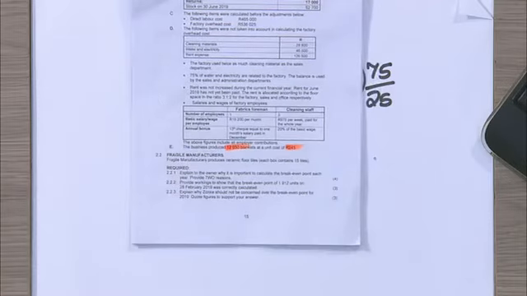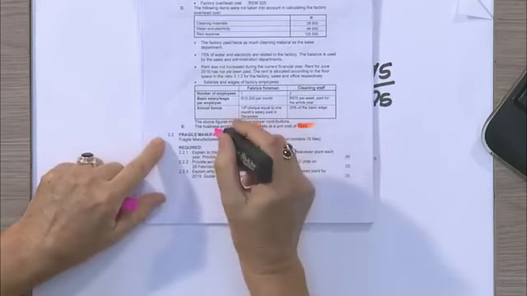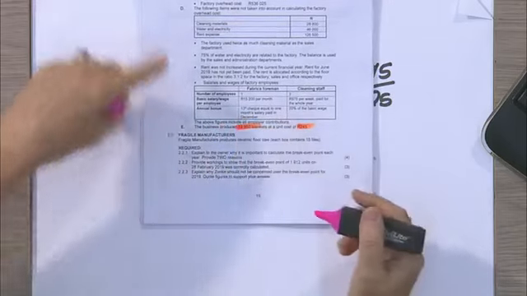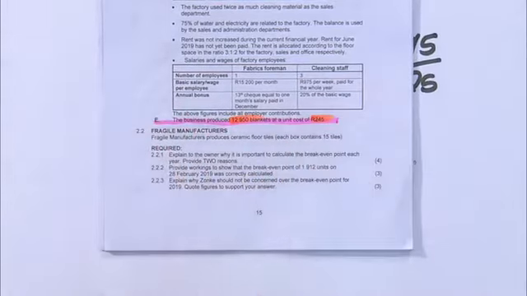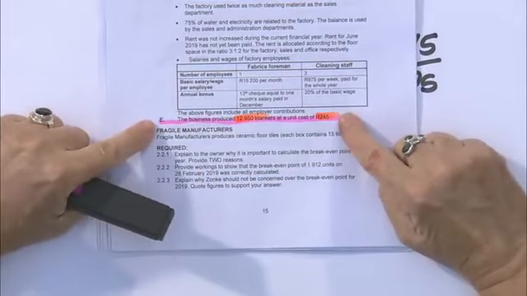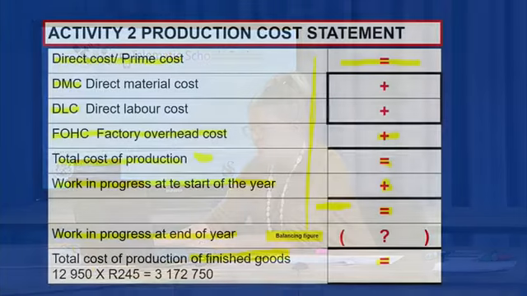Yes, if you just look on my paper, please, although it's small, right at the end of activity 2.1, it says, the business produced so many blankets at that price each. So that's the total production cost of finished blankets. And here I've put it in on the slide.